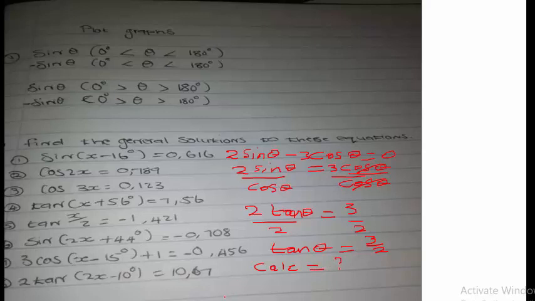So what you will do thereafter is you will have your theta equals whatever you got in the calculation, plus K times 180 degrees.